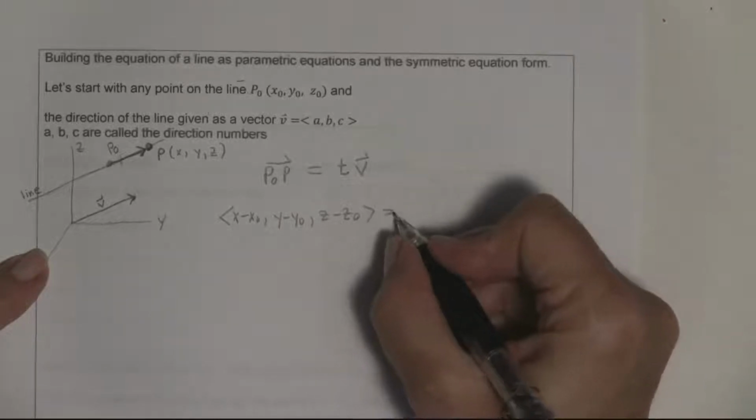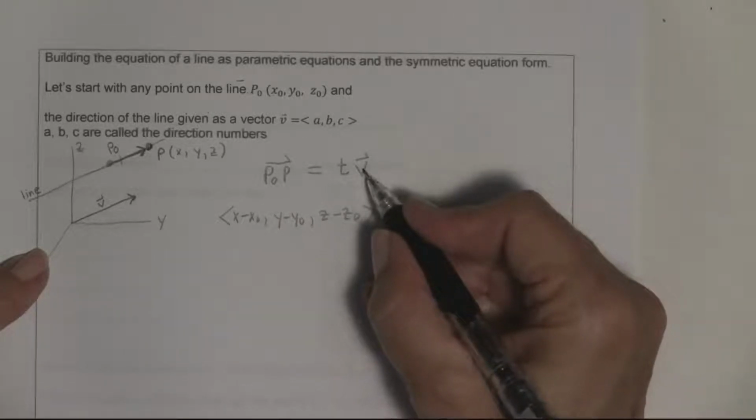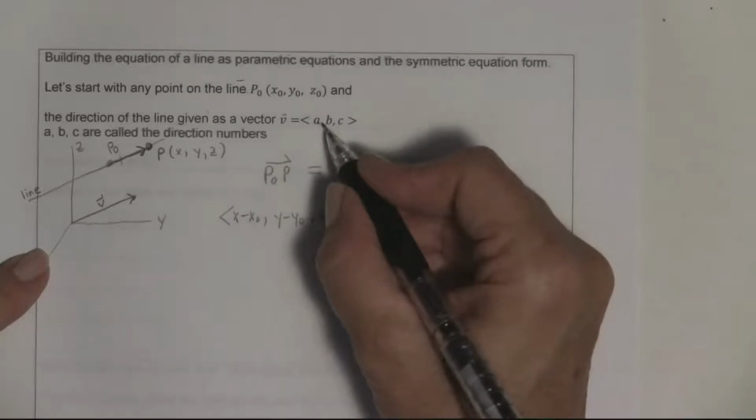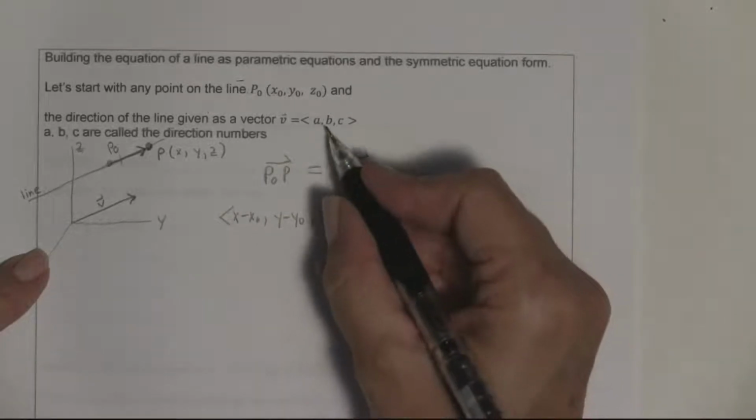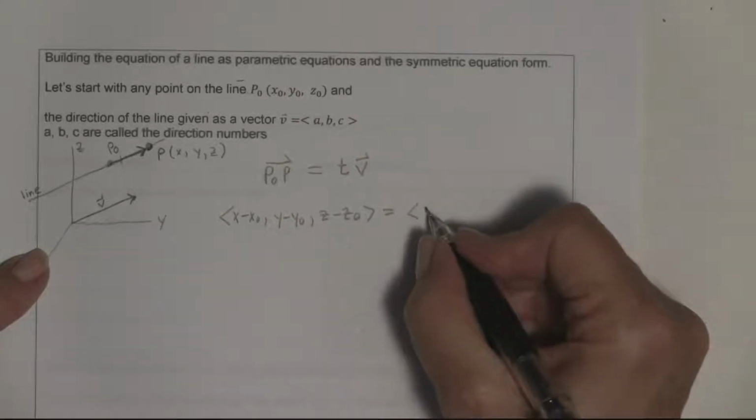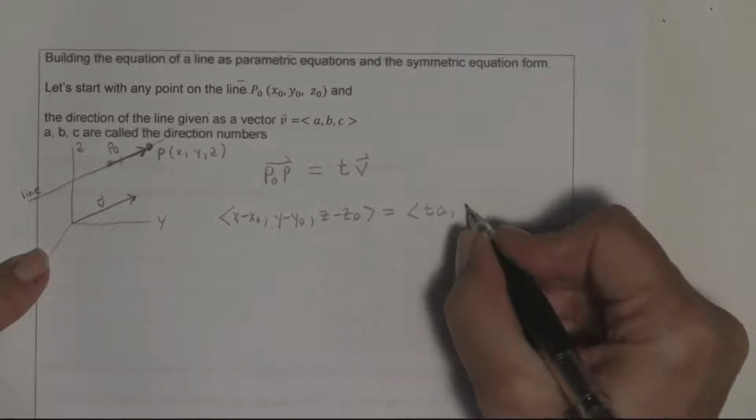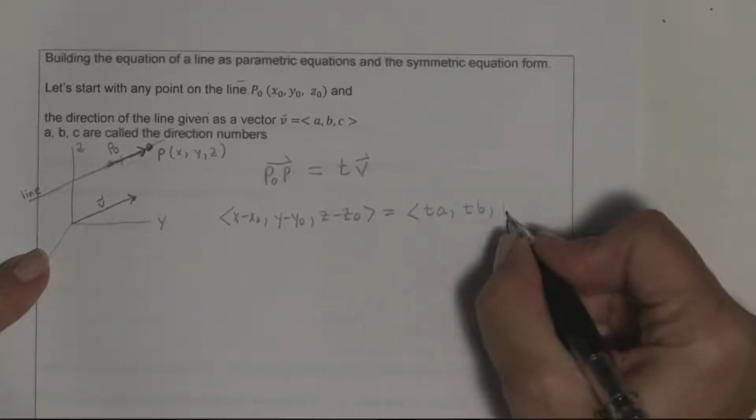And that's going to be equal to, remember our ABC, and I'm going to go ahead and distribute the T in there just to save myself a step. So this is TA, TB, and TC.